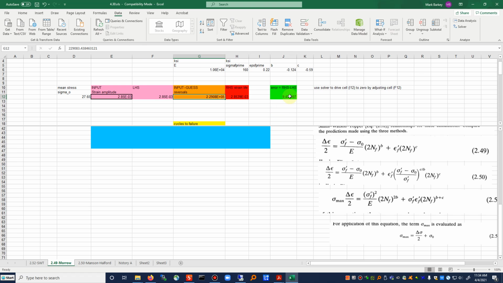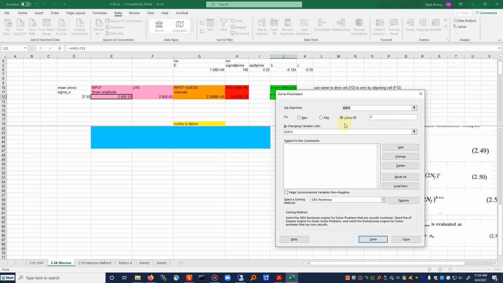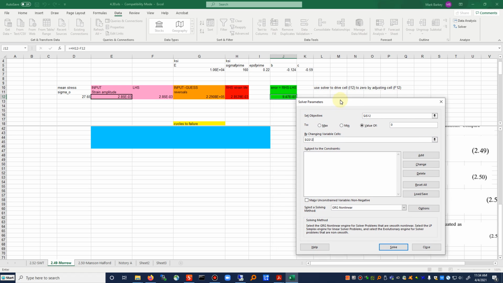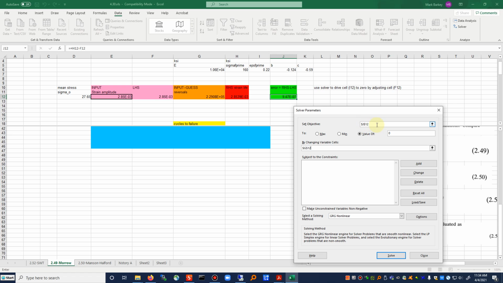Let's see. Make sure I'm driving my correct cells here. So drive J12 to 0 by changing the value of G12.